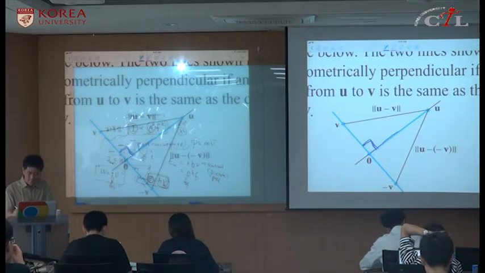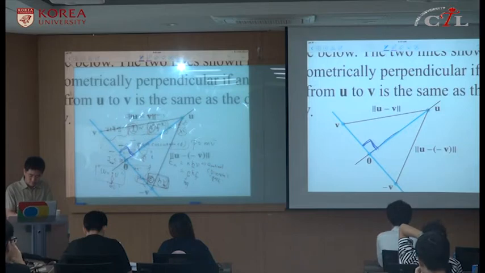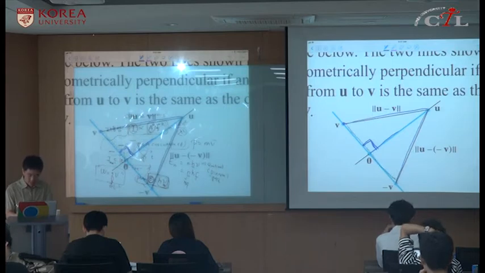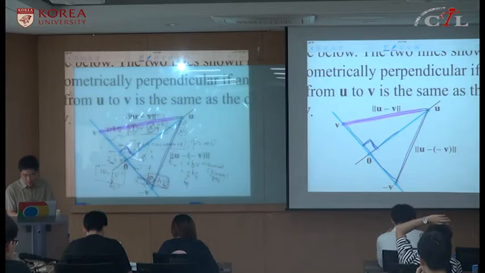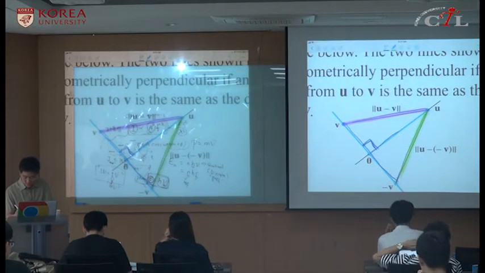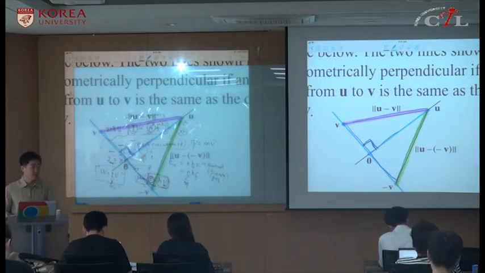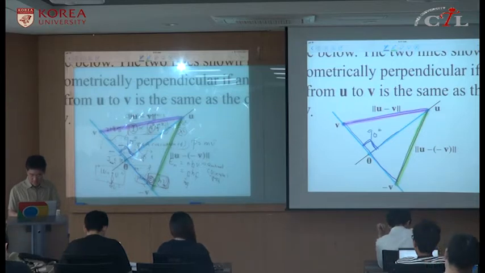And then if we think of this triangle, the distance between these two vectors and the distance between these two vectors will be the same if they have the angle of 90 degrees over here, because we have also a 90 degrees on this side, right?